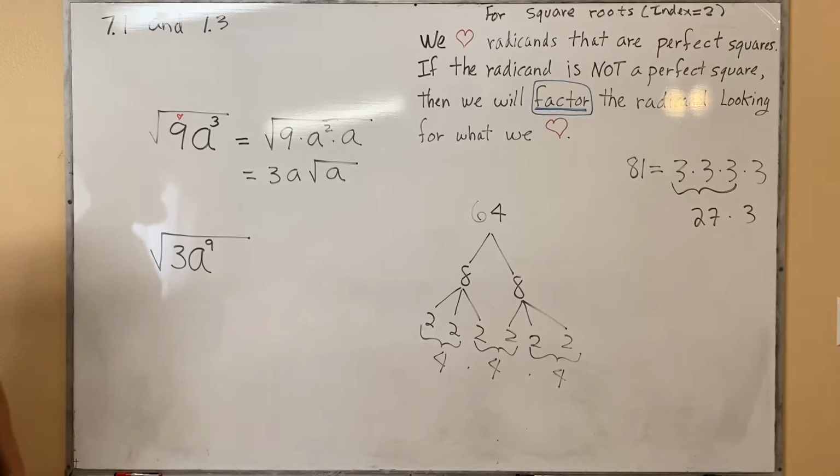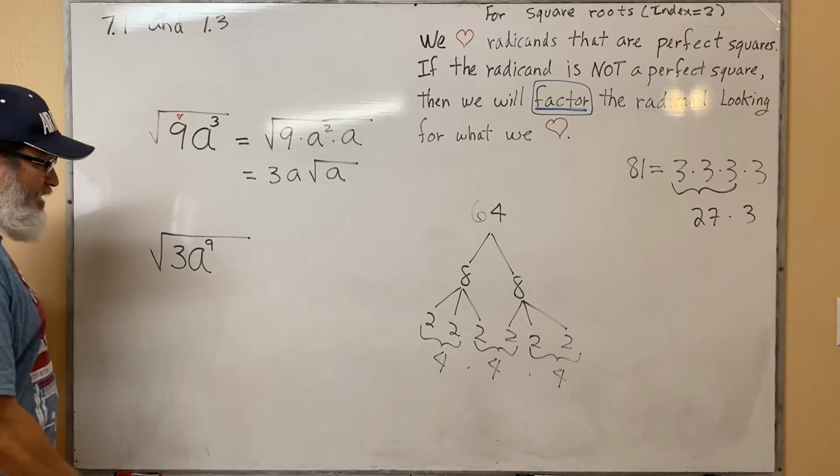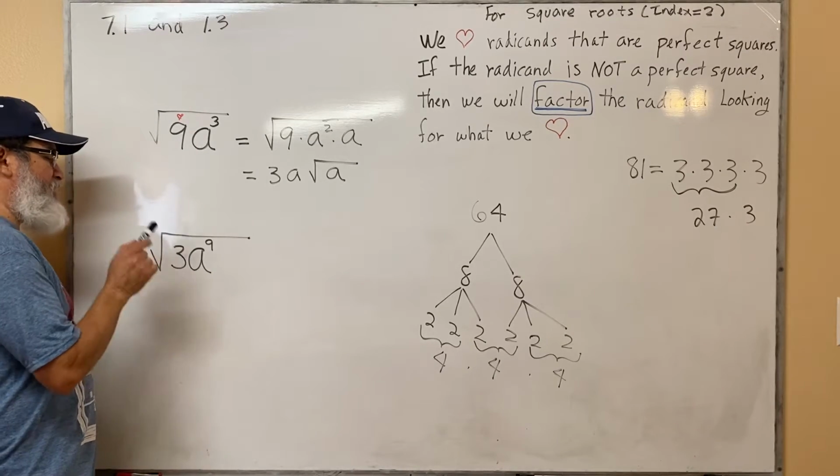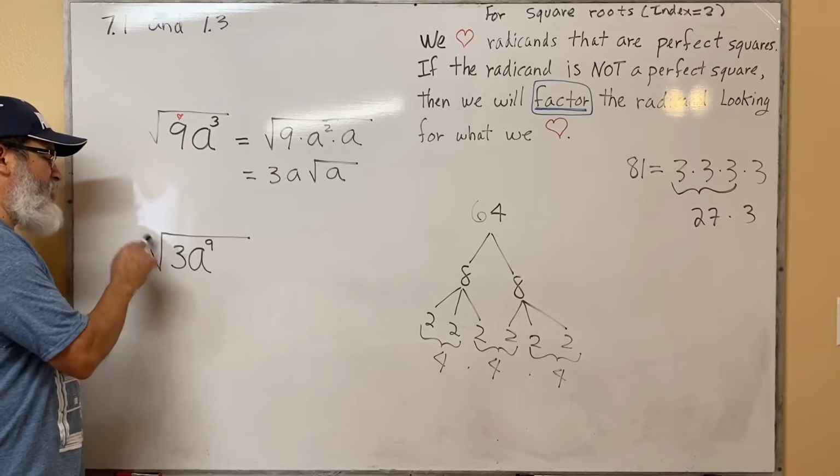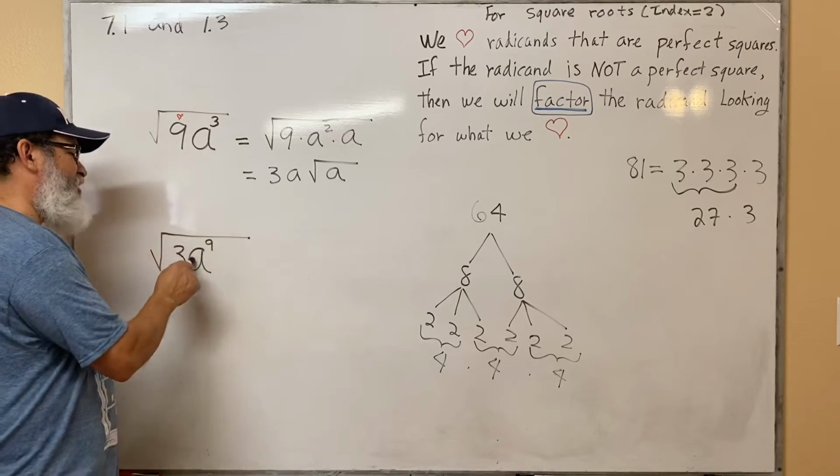Well, I can tell you right away, I do not love the 3 because the 3 is not a perfect square. I'm looking for perfect squares now. How about a to the 9th?